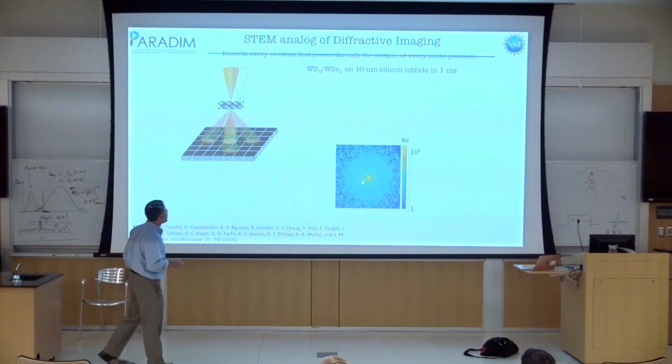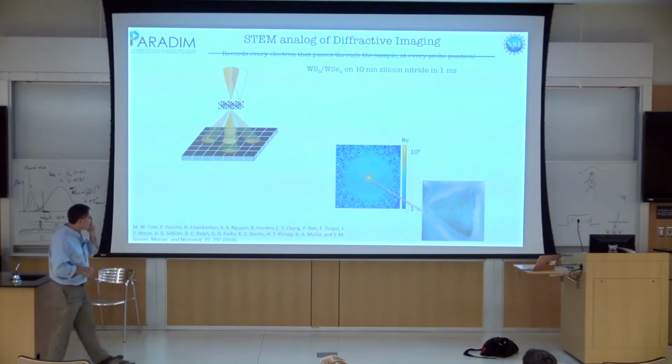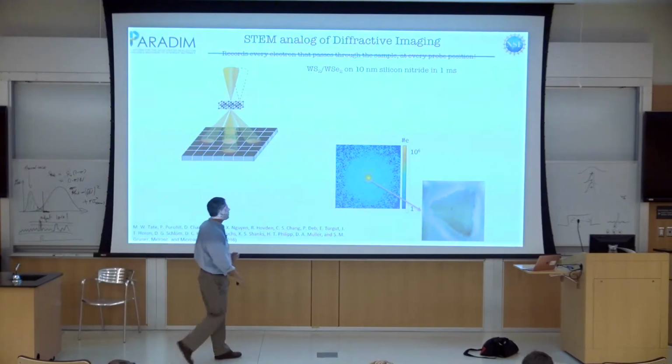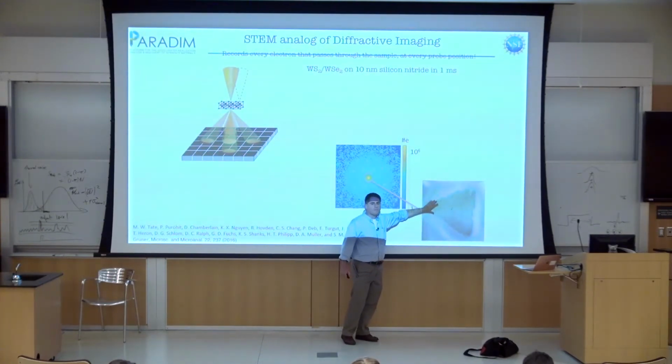And now this is a diffraction pattern from a single spot. So I now want to scan my beam around and record a diffraction pattern at every point in the image. If I do that, this is what you're going to do this afternoon, and I just look at the intensity in the central spot, that would be equivalent to a bright field TEM image.